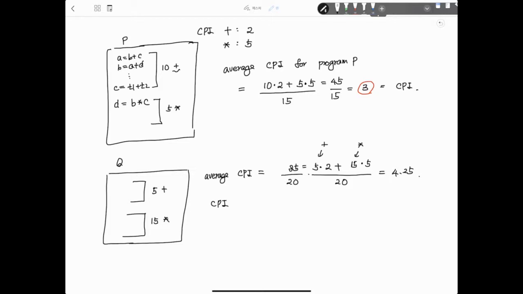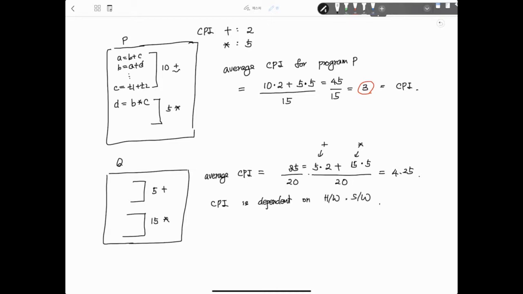So CPI is not only dependent on the hardware, it also depends on what kind of program you are running. If we are running short CPI instructions, then maybe the average CPI is small. If you are running long CPI instructions, then the CPI will increase. So CPI is dependent on hardware and the program software.